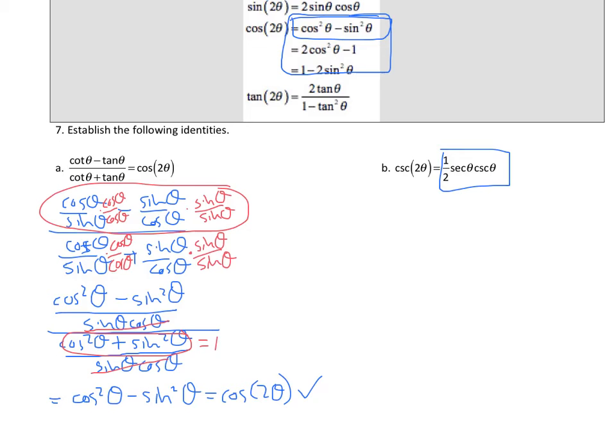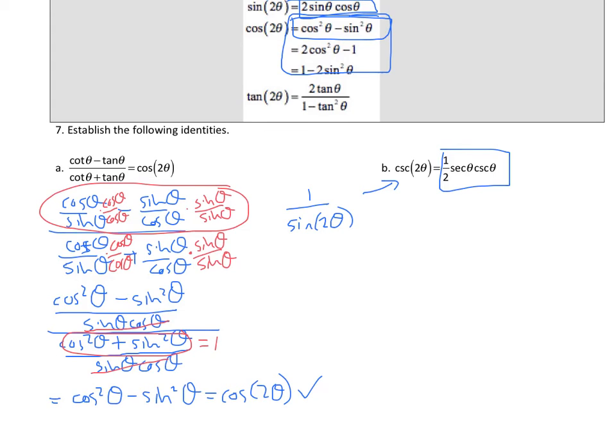Now, if I'm trying to get cosecant of 2 theta, I probably want to first get 1 over sine of 2 theta, because that would be the same as cosecant of 2 theta. So I probably want 1 over this double angle identity up here. So that's what I'm looking for, but let's simplify the right side of the equation and see what happens.